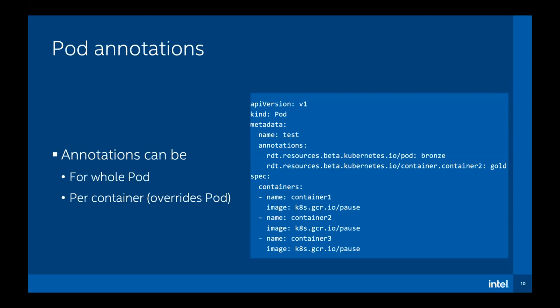So there will be one annotation to assign all containers to one class, which is the first one there, and then there would be an option to specify container-specific overrides. For example, in this example, put container 2 in the gold class, and others would get the bronze class. So this would be specified by the user in the pod spec, as shown in the example.